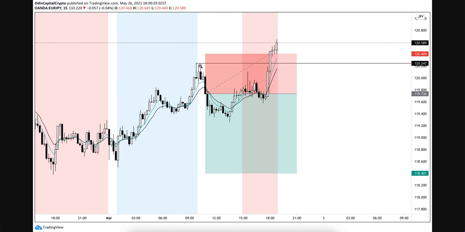I can still say that this is a valid retest, okay? Because the market is not perfect. You won't get super accurate retests every single time, okay? So after the retest, we have a strong bearish body closure below the EMAs.